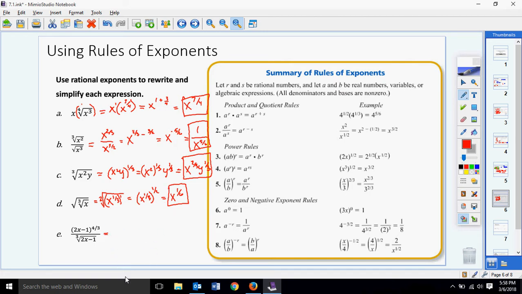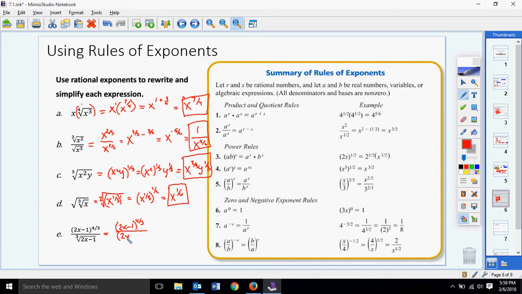Ooh, a lot going on down here. Let's just handle it one at a time. My numerator is already in a rational exponent, so I don't have to deal with that right away. I'm going to look at my denominator. It's a cube root, and this 2x minus 1 is to the power of 1.